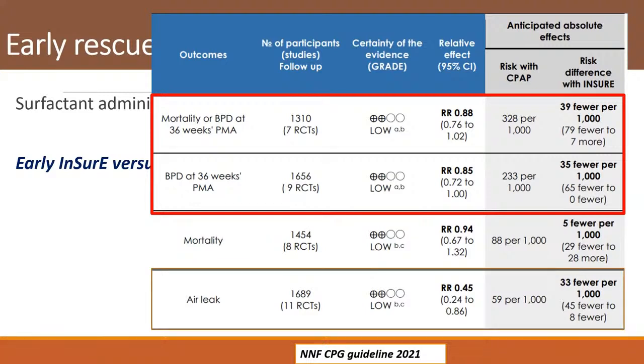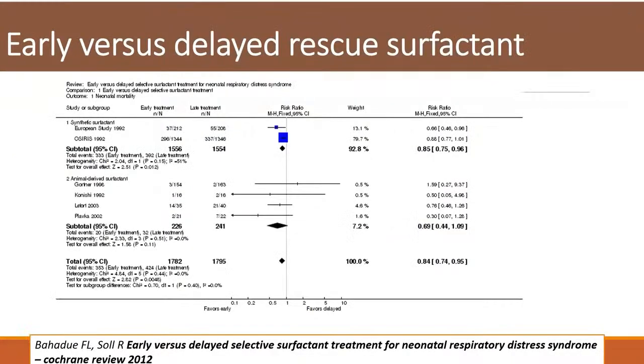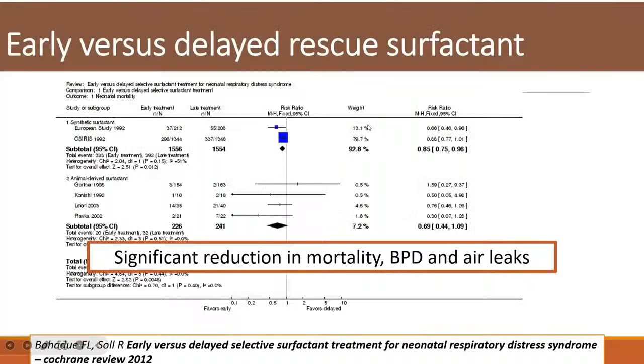This strategy is also associated with a lower risk of air leak syndromes with, as you can see, a 55% reduction in air leaks, or a relative risk of 0.45. When one compares early versus late surfactant administration, again, most of these benefits remain true.